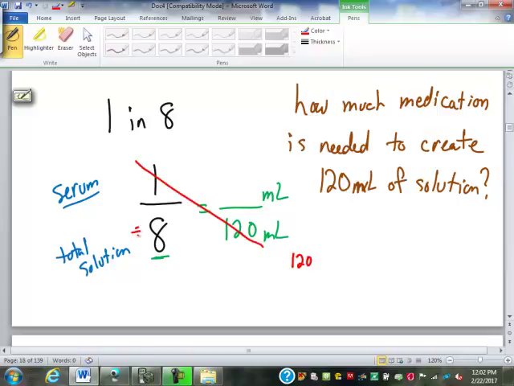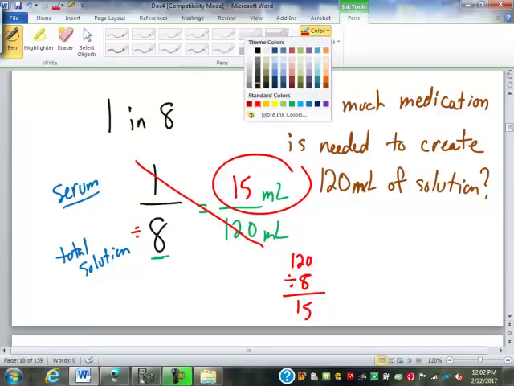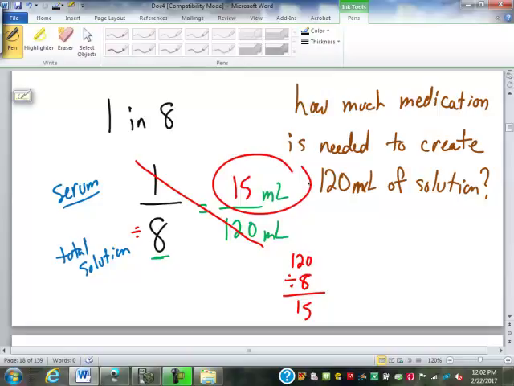And then we divide by the number on the other diagonal. We divide by 8 is going to give us 15. You would put in 15 milliliters of medication to create 120 milliliters of solution. So you put in the 15 milliliters of medication and fill to 120 total, the rest being water.